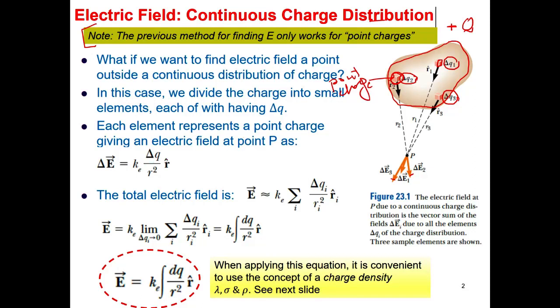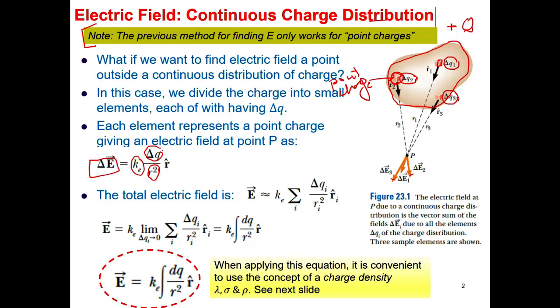The equation for the electric field produced by delta Q1, delta Q2, or delta Q3 is simply equal to K multiplied by delta Q divided by R squared, and this gives me the value of the electric field.